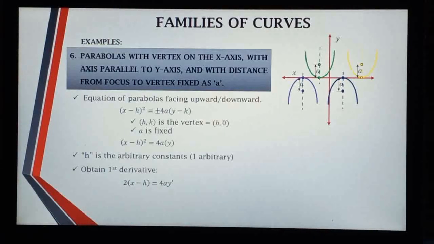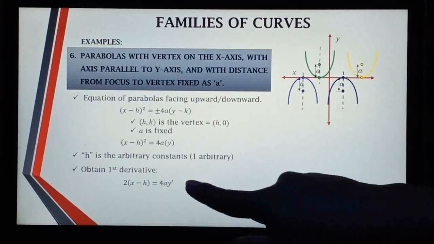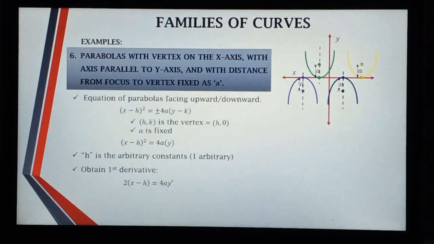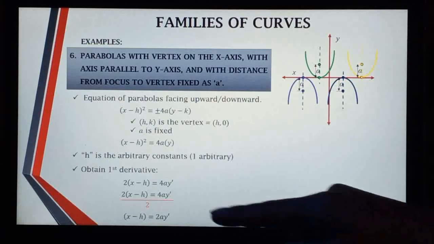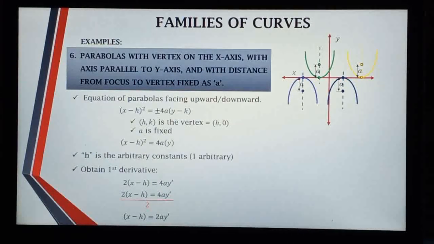But in that case, hindi pa natin na-eliminate si h. So what will we do? Let's simplify first yung equation na to by dividing it sa 2. So ang magiging equation natin ay x minus h equals 2a y prime. So paano natin tatanggalin si h? So we will think of a way na kailangan magamit natin yung original equation as well as our new equation dun sa first derivative equation.